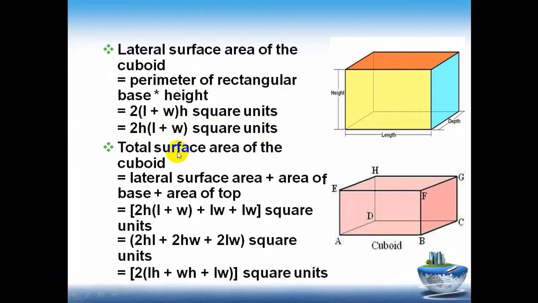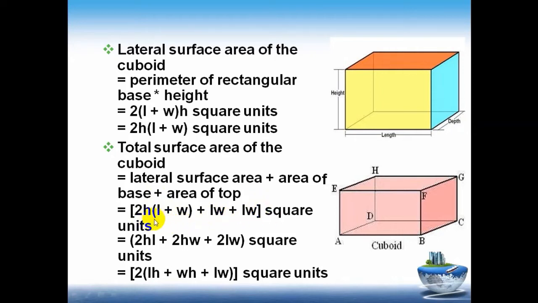Now the total surface area of the cuboid is equal to the lateral surface area plus the area of the base plus the area of the top. So this can be written as 2h(l + w) + lw + lw square units.